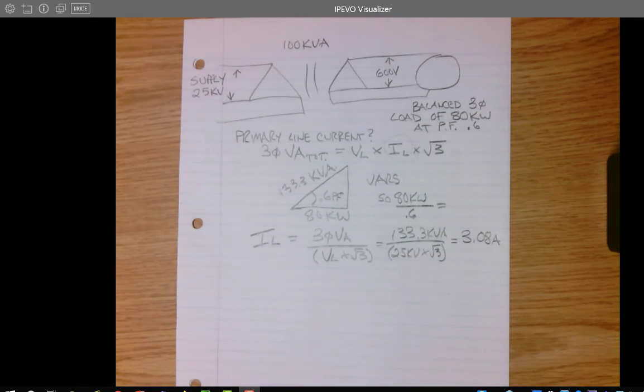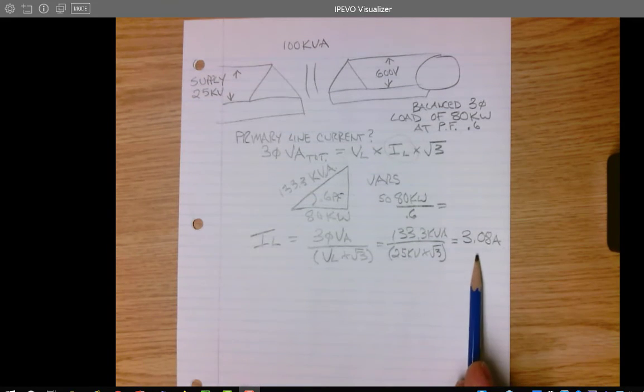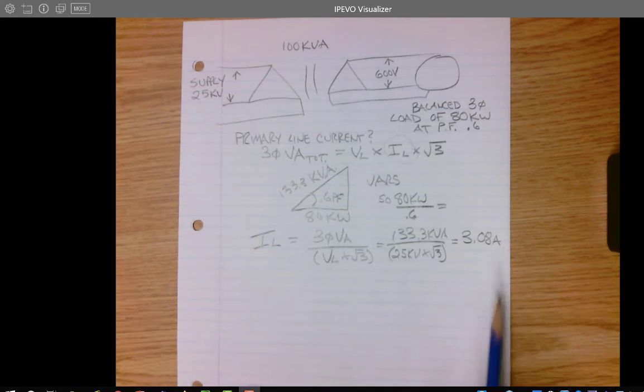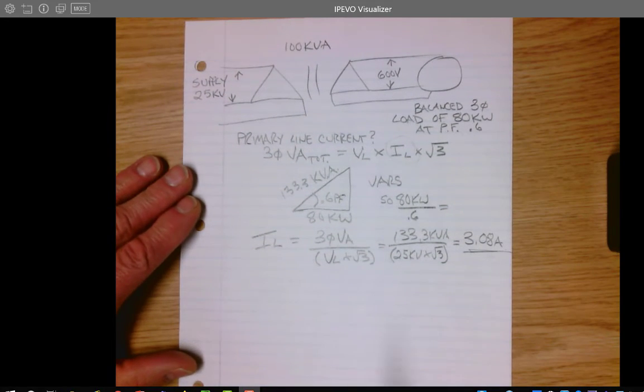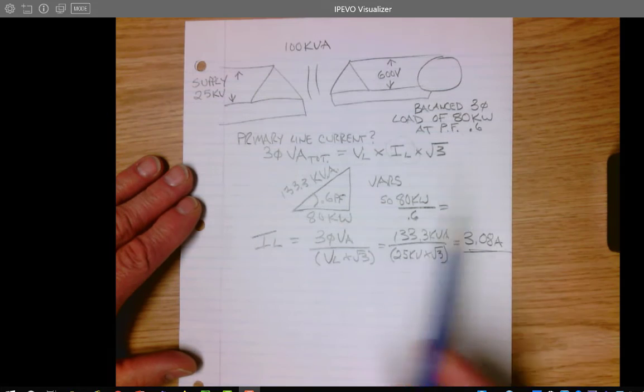That looks like that's what the line current would be. Yeah, that looks right. And so that is the primary line current. That's the value we were looking for in this question. And so using our three-phase power formula, it's fairly straightforward.